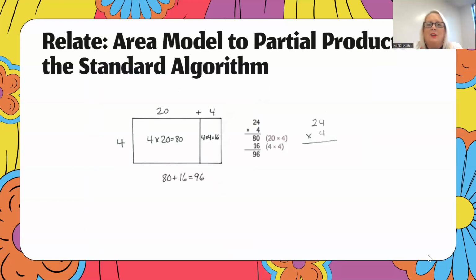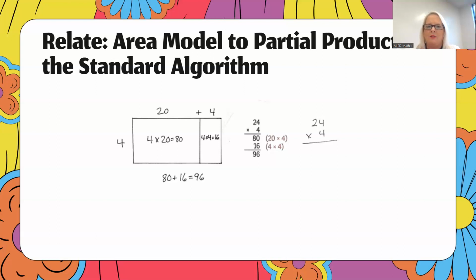Okay, and then Thursday and Friday, we are relating partial products to the standard algorithm. And so I really like the idea of relating all 3 to each other. So starting off small is okay, even though we go up to 4-digit by 1-digit, for students to see the similarities and the differences.